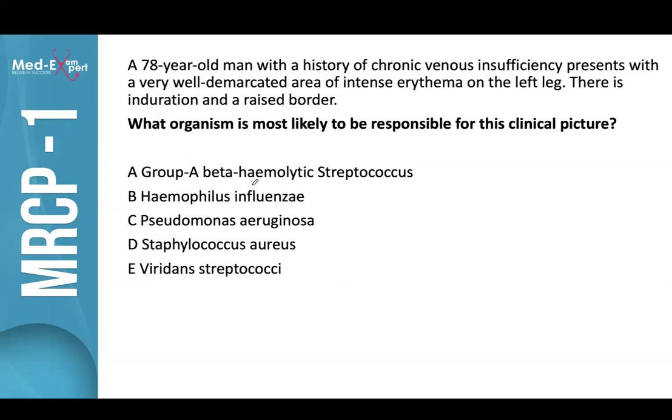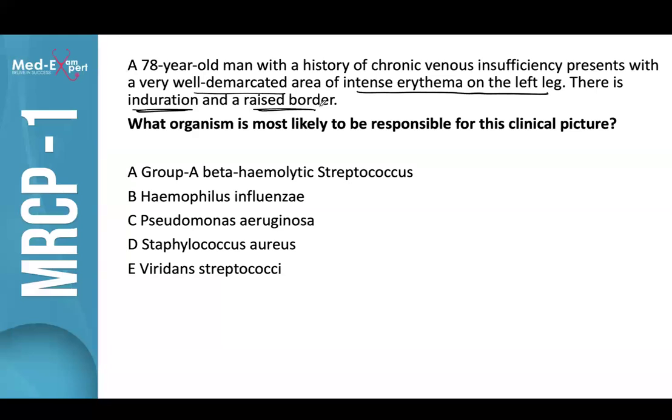Next question. A 78-year-old man with chronic venous insufficiency presents with a well-demarcated area of intense erythema of the left leg. There is induration and a raised border. What organism is responsible for this? First, you should know what it's called.